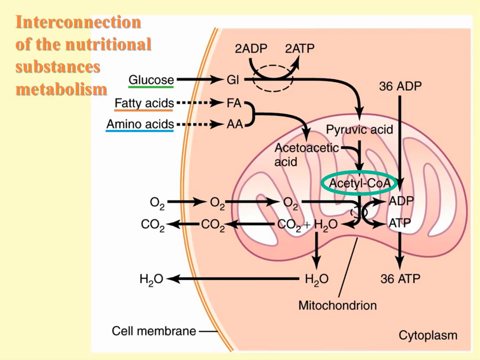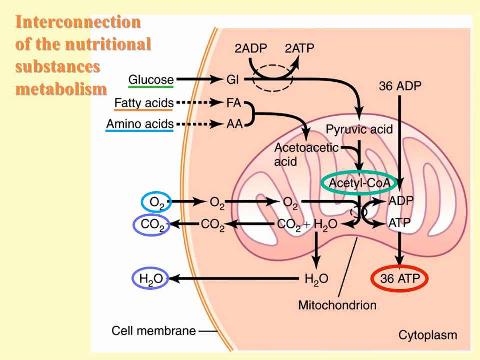Finally, they form the acetyl coenzyme A and enter the cycle of energy formation in mitochondria, where stepwise liberation of energy occurs, and oxygen is used, and as a result, end products are formed, such as carbon dioxide and water. And the main result, of course, is energy.